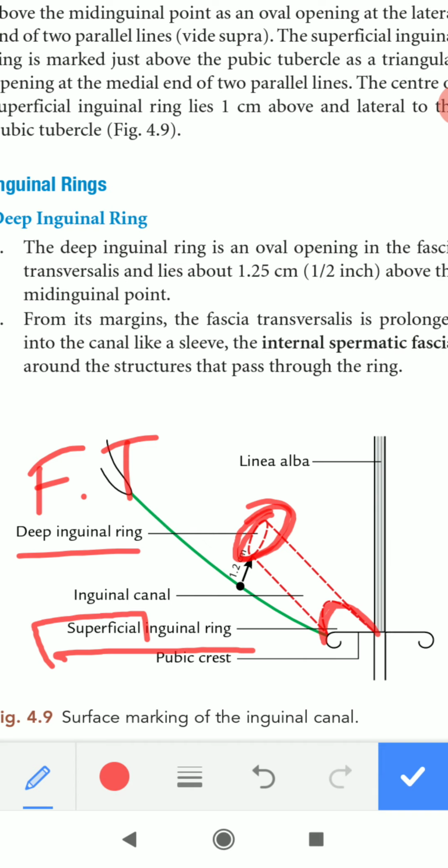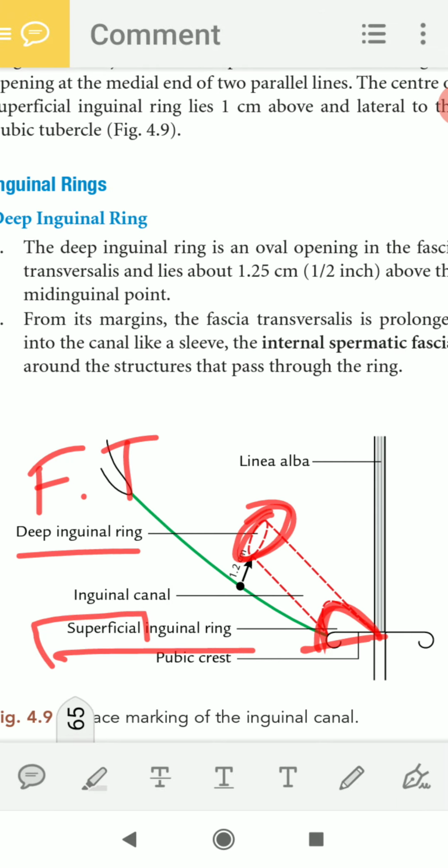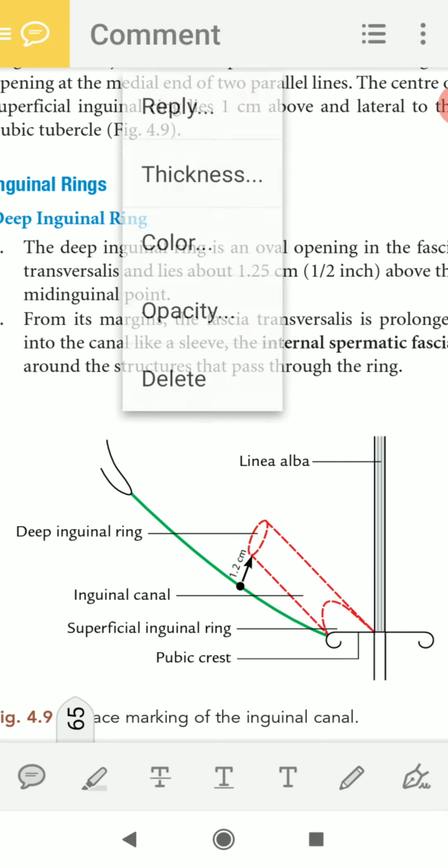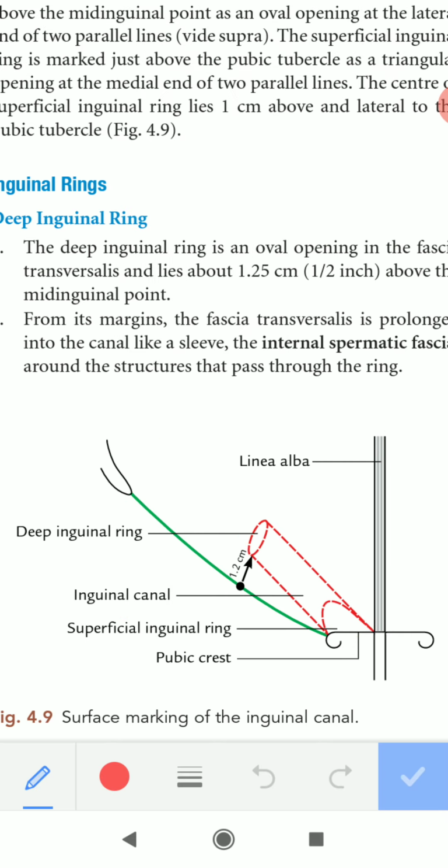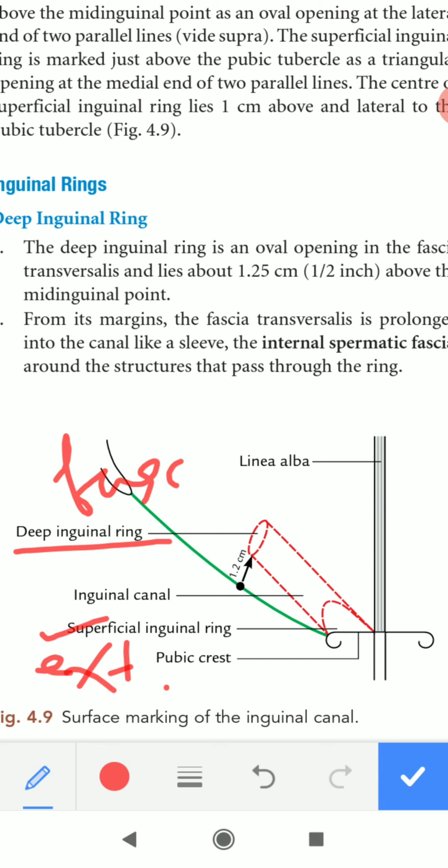So it is the superficial layer. What is the superficial ring? It is a triangular gap on the external oblique aponeurosis. So the superficial inguinal ring lies over the external oblique, and deep inguinal ring lies over the fascia transversalis.